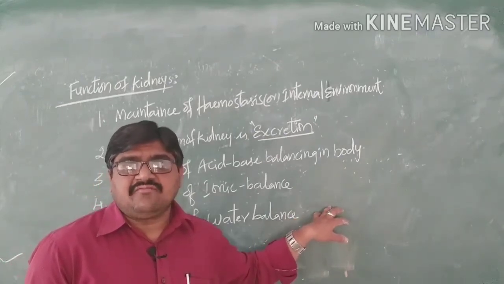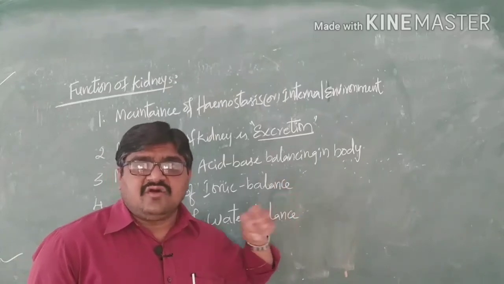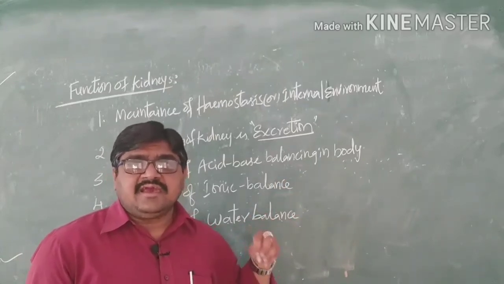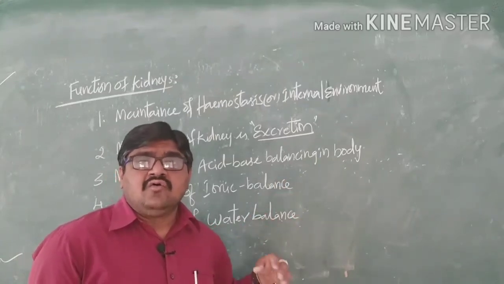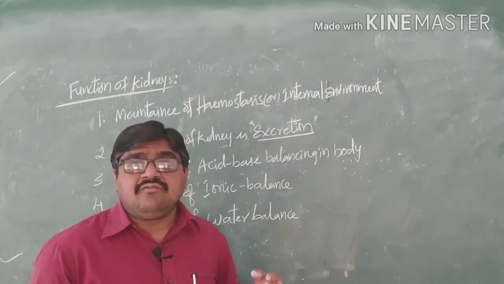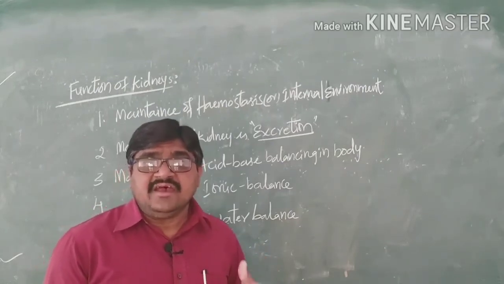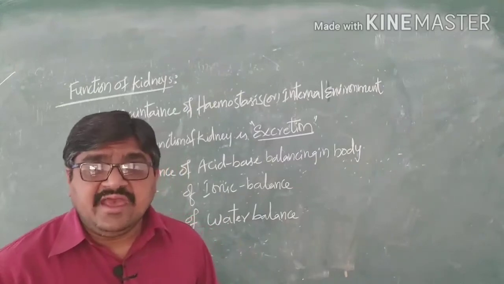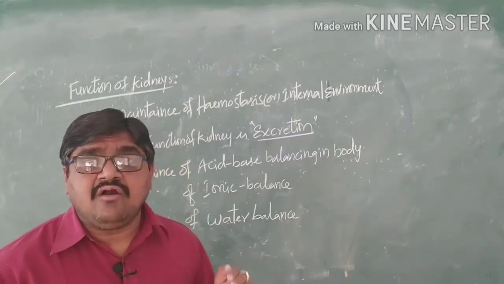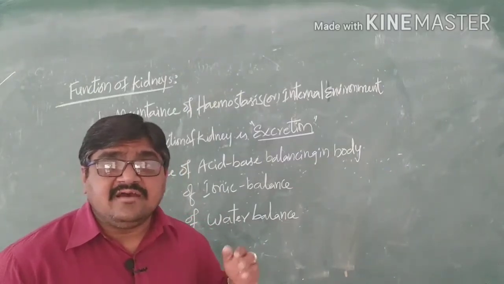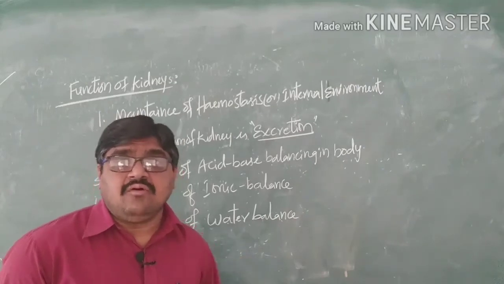Here, if we take 5 liters of water per day, only half a liter of water is eliminated in the form of urine. The remaining 4.5 liters of water is reabsorbed in our body.